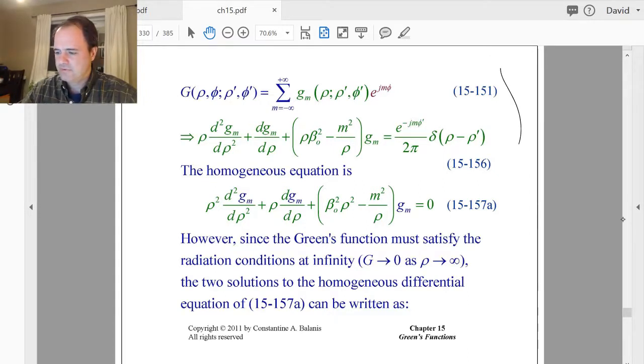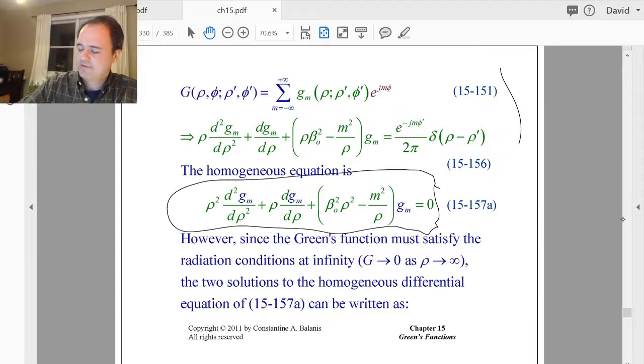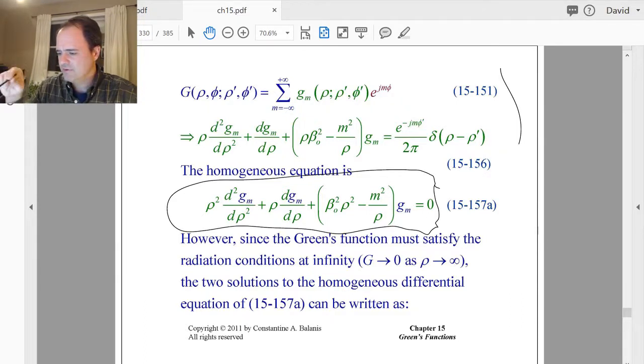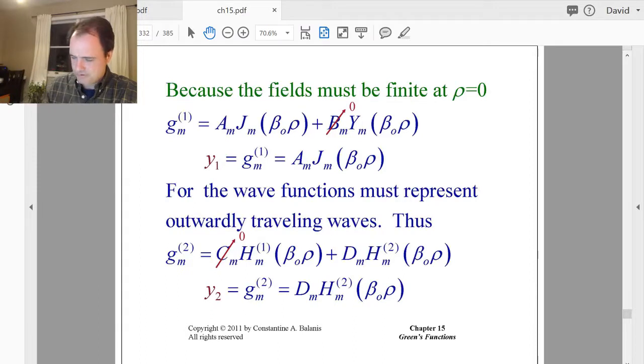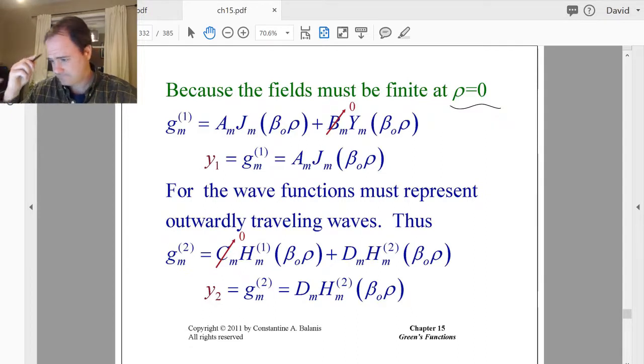We've stated this before, and from the prior slide, we get this for the homogeneous equation with the radiation boundary conditions. And so we can now solve in the closed form. All right, the fields must be finite at rho, so we need two solutions.